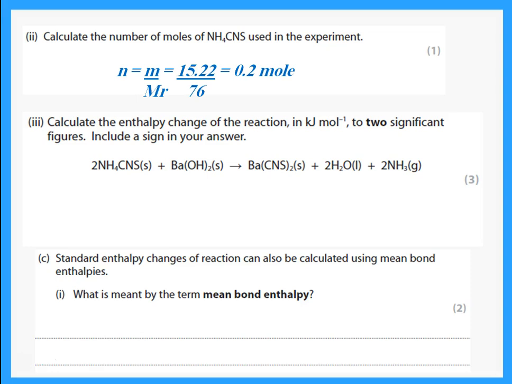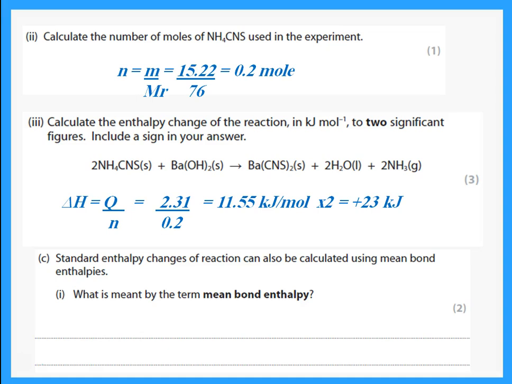Then he says calculate the enthalpy change in kilojoule per mole. Again, I need delta H. So delta H is Q over n. I have this, but remember, he's asking for the enthalpy change for this reaction, but I have 2 moles of ammonium thiocyanate.